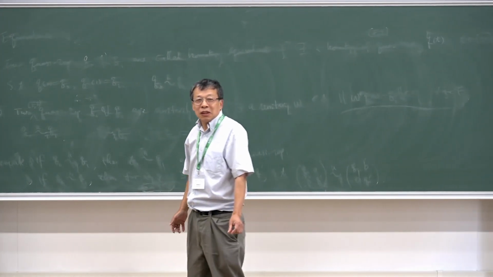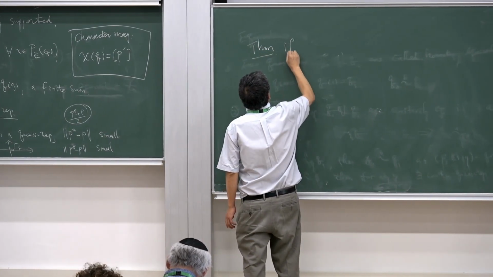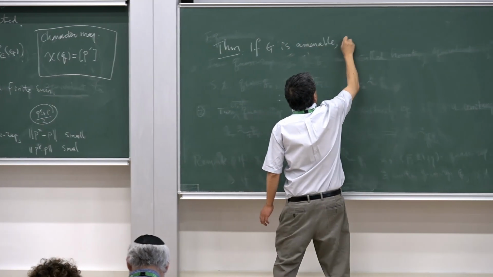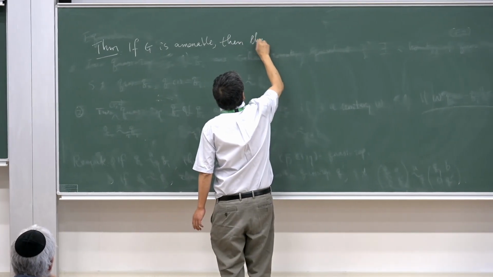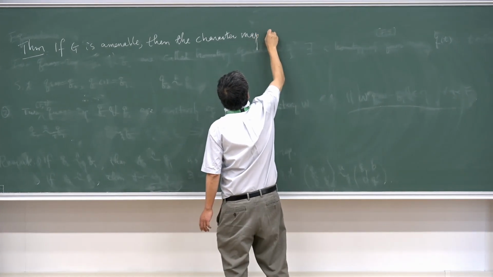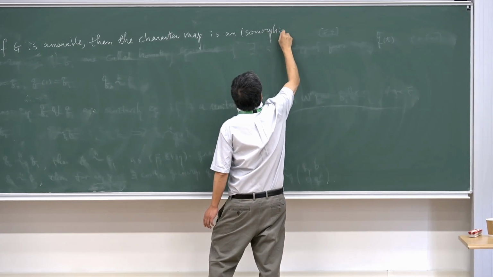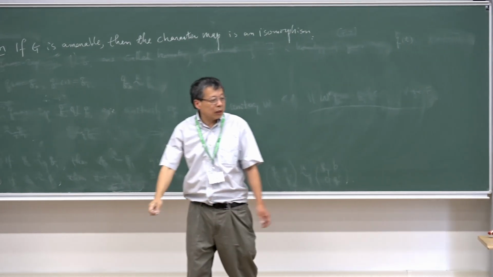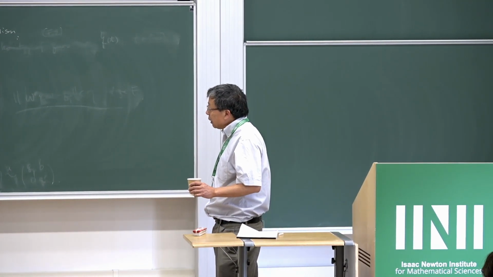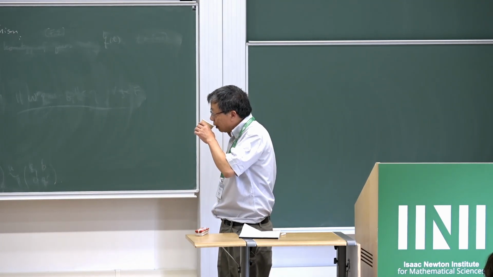What we can do is the following. If the group G is small, is amenable, then the character map is an isomorphism. So this is what we can do. The proof is a little bit technical. We are trying to make it less technical, but so far, yeah, it's a little bit technical.